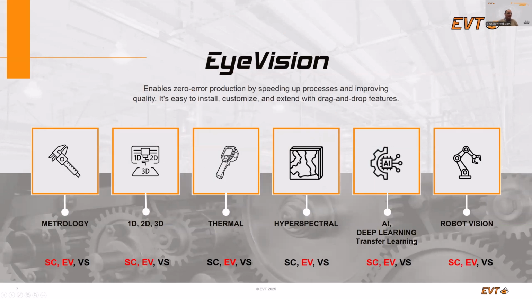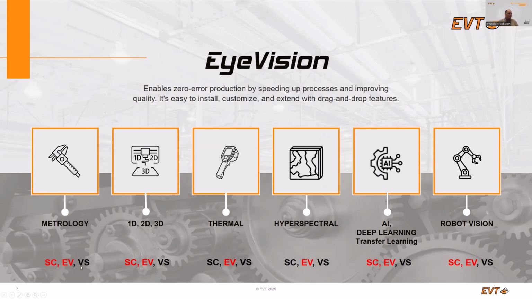So the software has a lot of different tools inside, and I have here a short overview where some of the hardware platforms might be very good. For example, if you have mainly metrology, of course, you can use a smart camera and embedded vision platform.